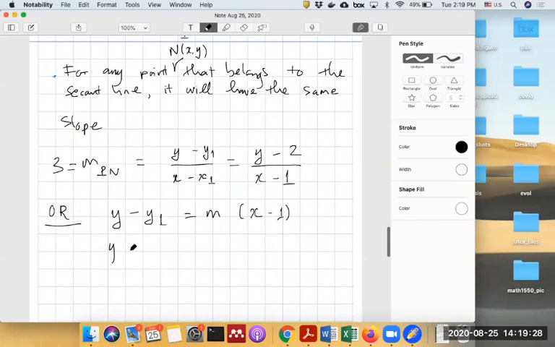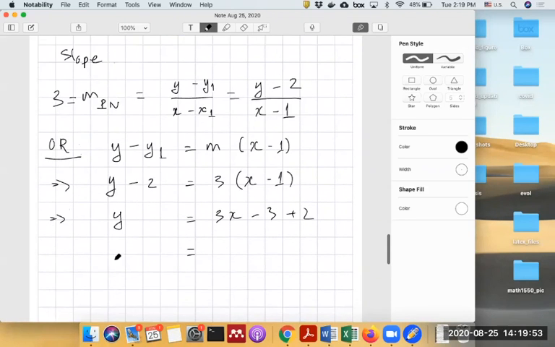It means that y minus 2 will be 3 times x minus 1, which is the equation of the line. Or you can write y equal to, you distribute this, which gives us negative 3 plus 2 both sides. You simplify it, and we get y equals 3x minus 1. Okay? This is our secant line, satisfying the requirement of the problem.